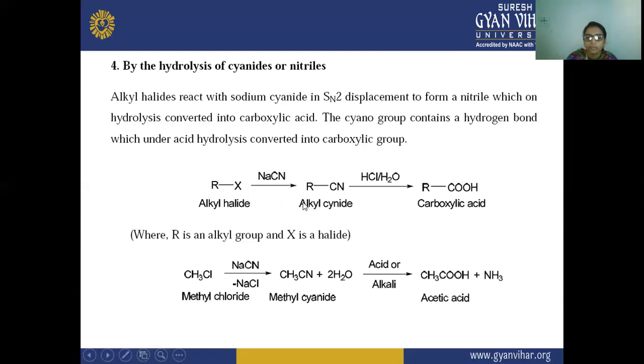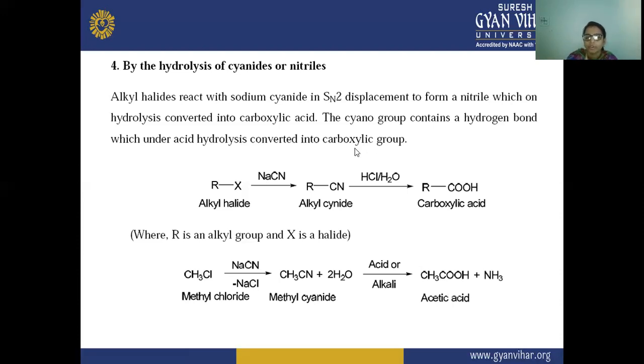So there is a formation of alkyl cyanide from this alkyl halide when it is reacted with NaCN, and here the process used is the SN2 reaction, the second order nucleophilic substitution reaction.